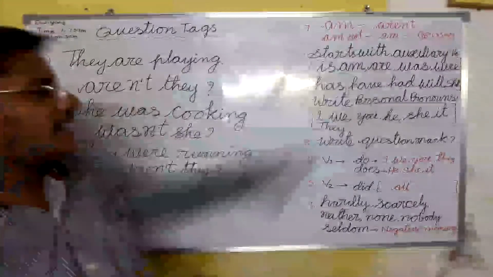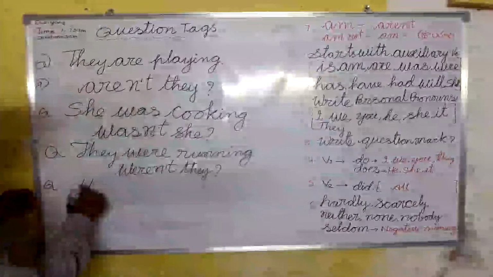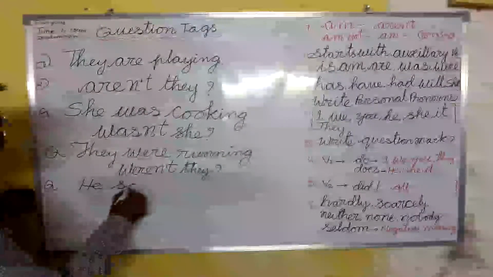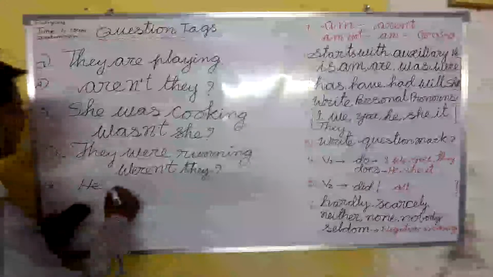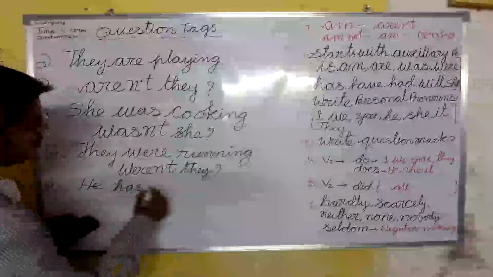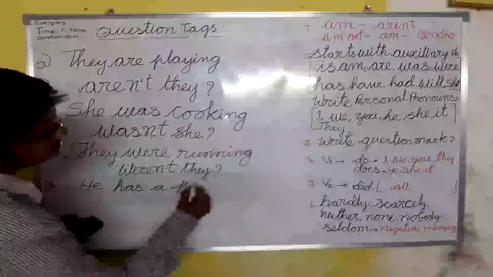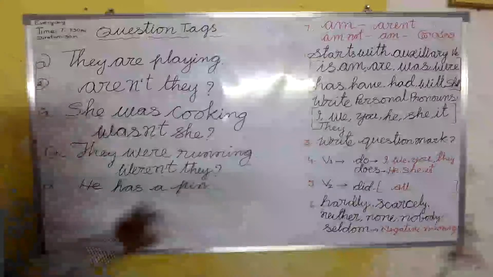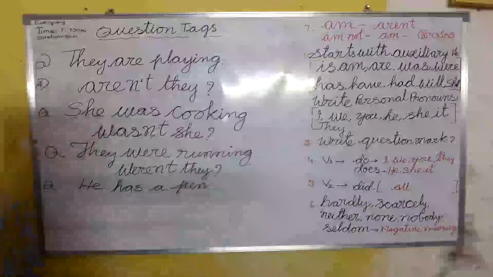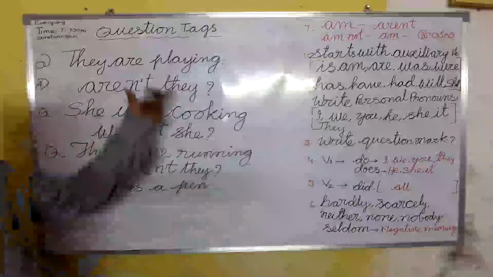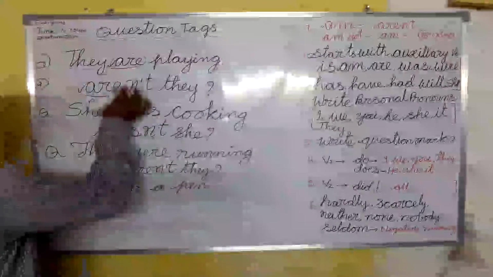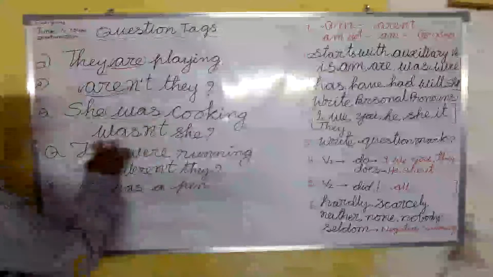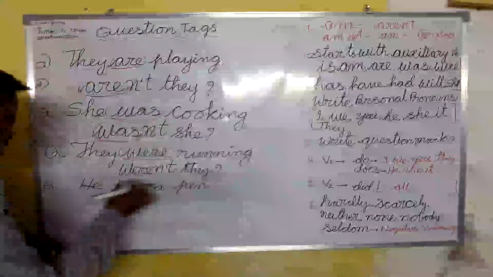Next we shall see with has. He has a pen. So what is the question tag for the sentence? Very simple. If you observe any auxiliary verb, the answer starts with the auxiliary verb, like are, was, were.